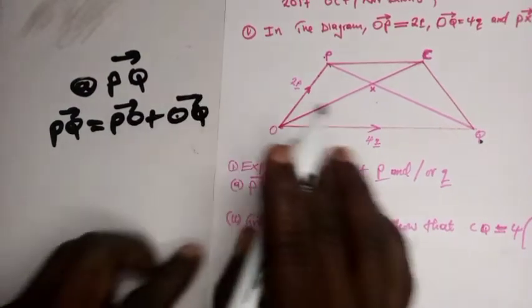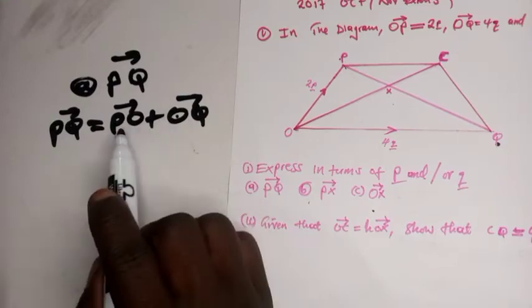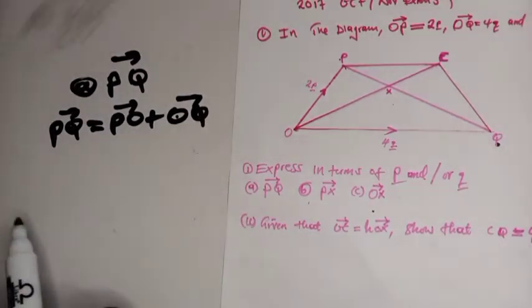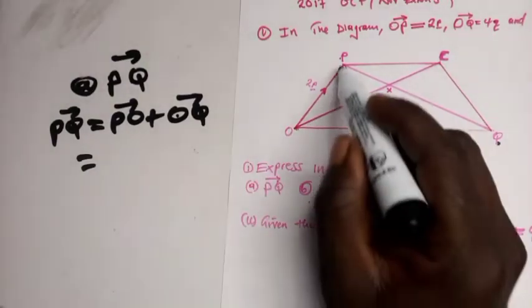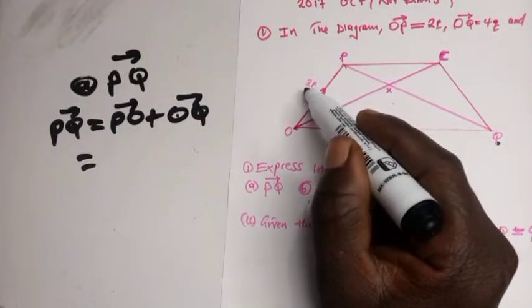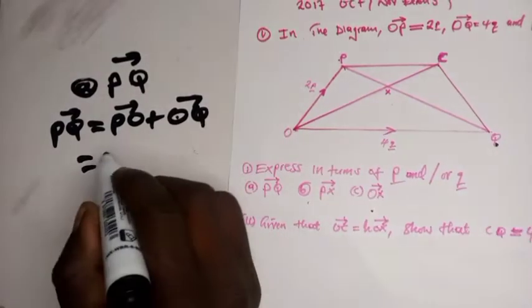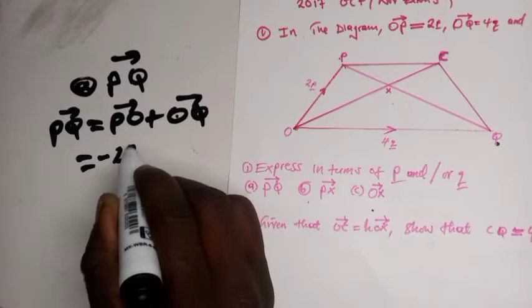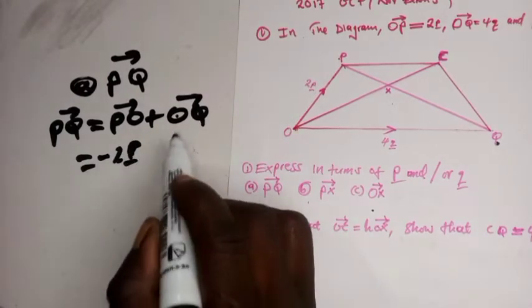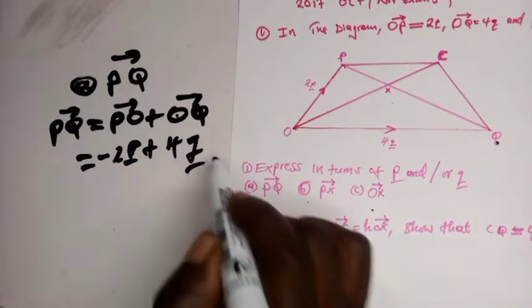As you can see, the common letter is O. Then we have vector PQ. So let's substitute now. For PO, we have 2p and we are moving in the different direction, so it will be minus 2p plus 4q.